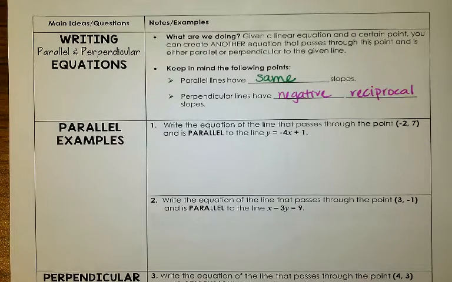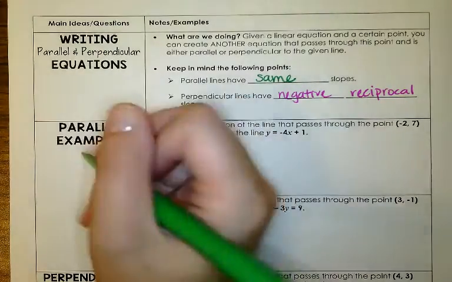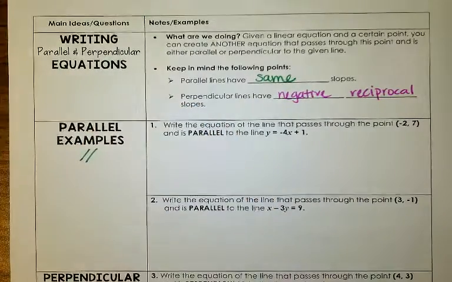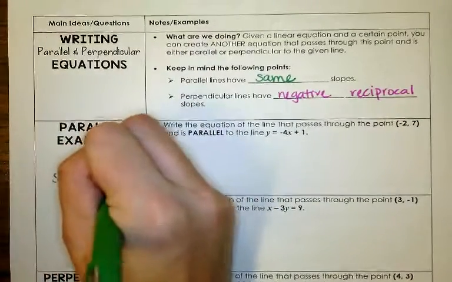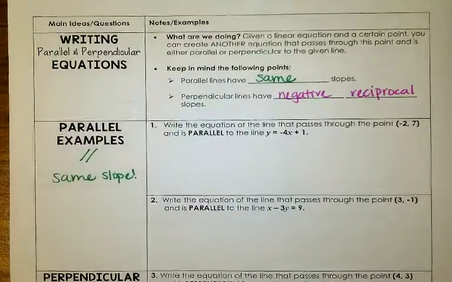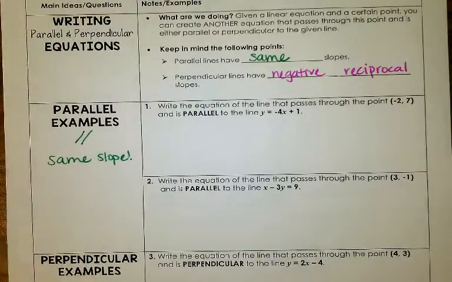Okay, so now guys, for our parallel examples, remember, I'm going to go ahead and write that in there. My parallel lines have the same slope. Okay, because that will help me. So what I'm going to do is look at my original equation.